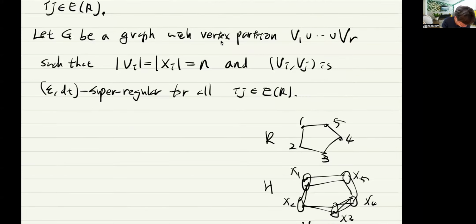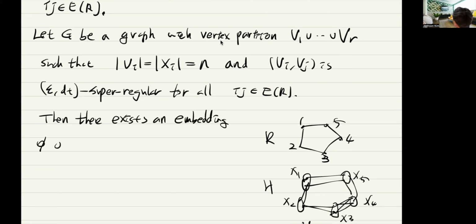In this setup, what's the conclusion? Then there exists an embedding pi of H into G such that each xi maps to Pi.